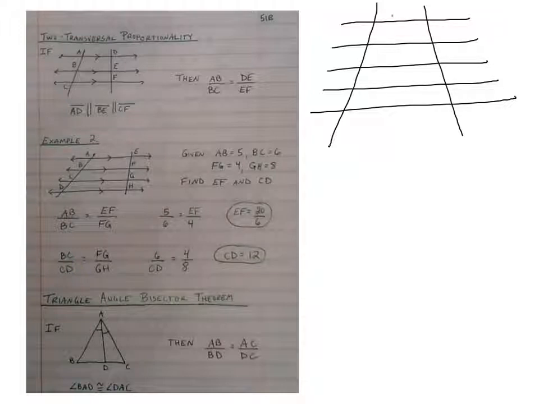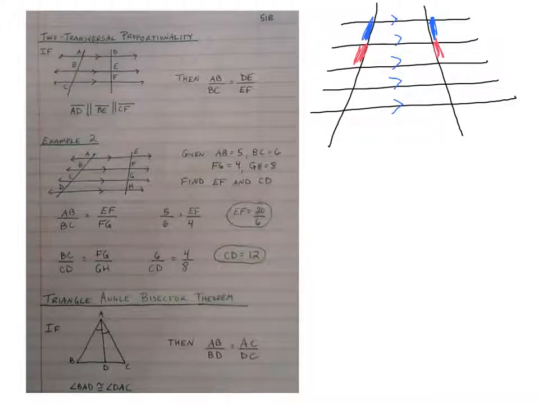Because our lines are parallel, let's draw some tick marks in here, we can state that there's a proportional relationship from this blue section to the red section that is equal to the same over on the right hand side.